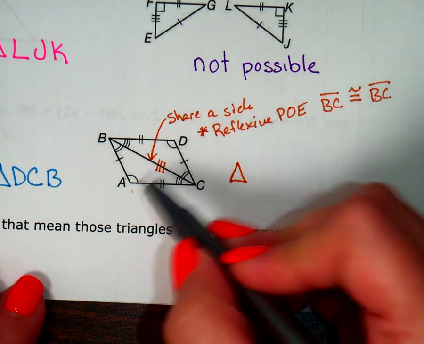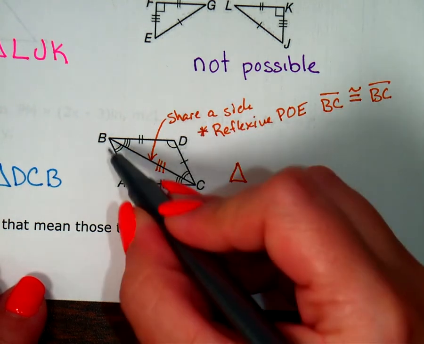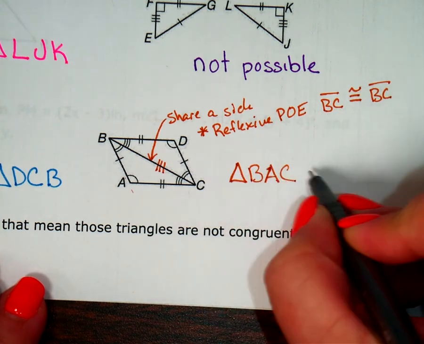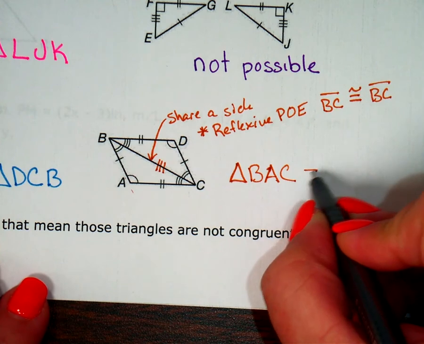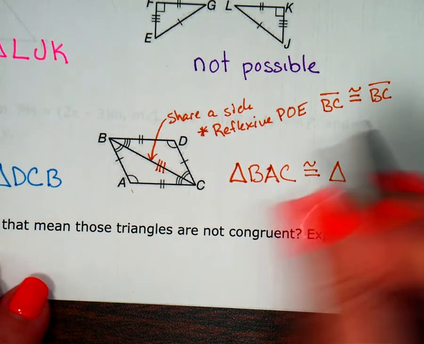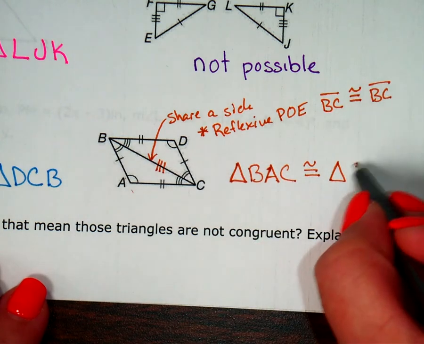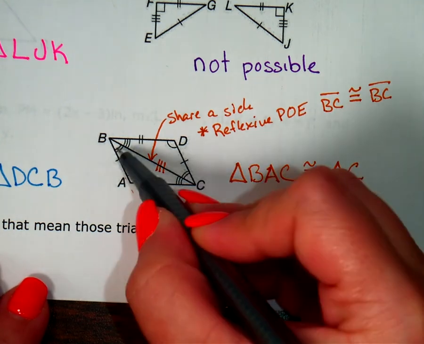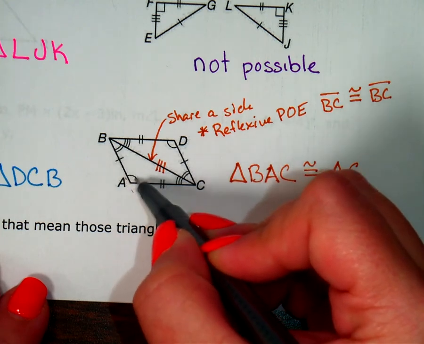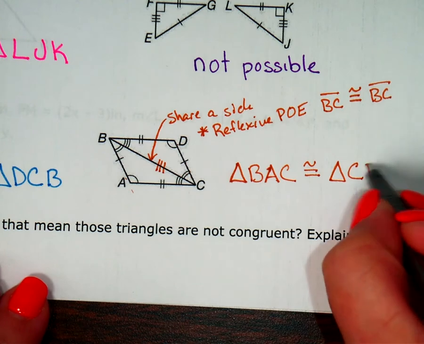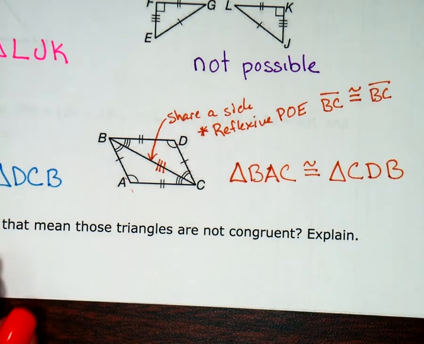So if I name my first triangle, let's go BAC. Triangle BAC is going to be congruent to triangle. If I started here at B, my double, then I'm going to start here at C. Then from B I went to A, so I went across the single out to A. So from C I'm going to go across the single out to D, and then end up at B. Triangle BAC is congruent to triangle CDB.